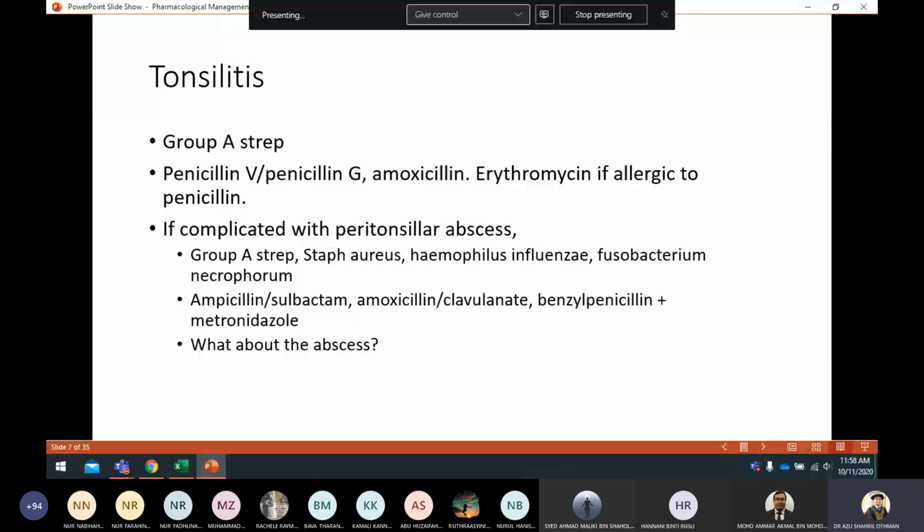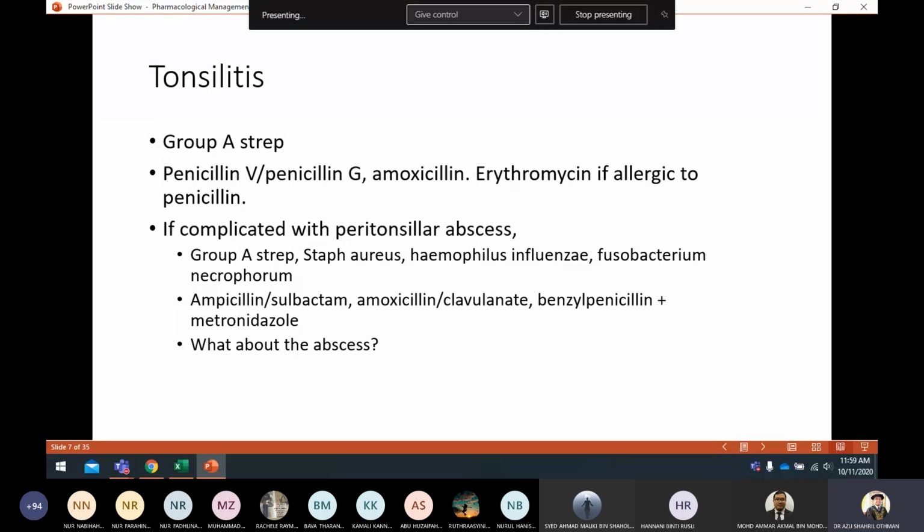For those organisms, you consider the use of ampicillin and sulbactam. The slash there means that you give them together: ampicillin should be given together with sulbactam, and amoxicillin must be given together with clavulanate. The last option is benzyl penicillin and metronidazole.